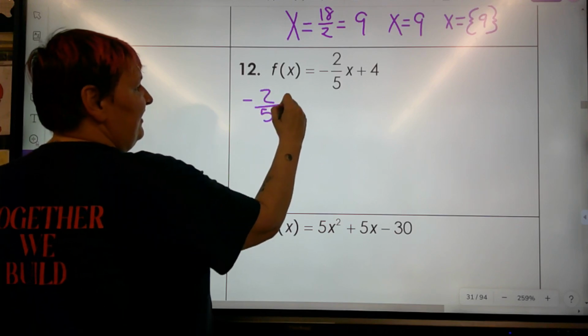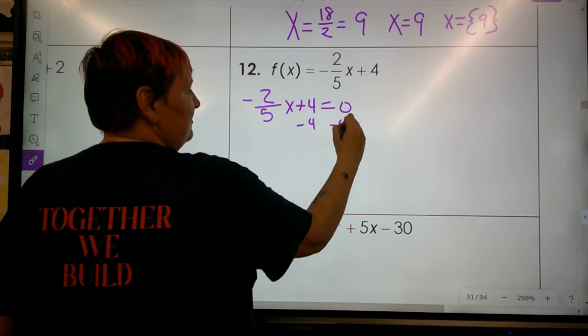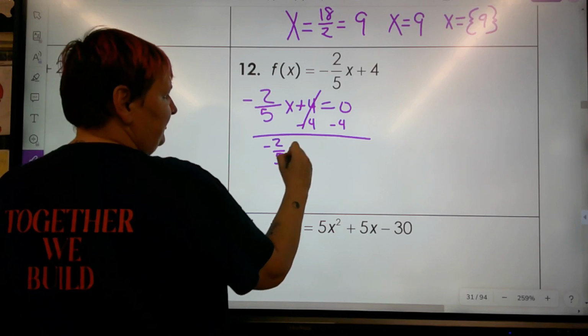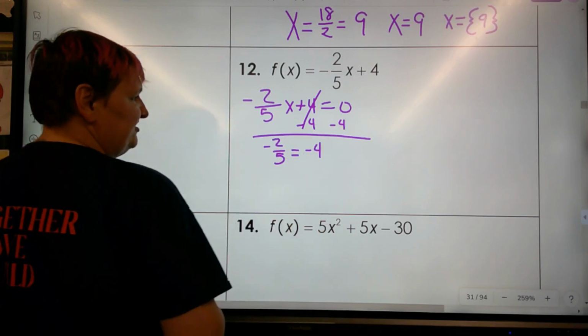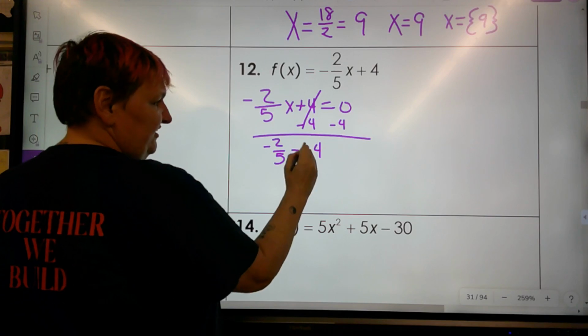Negative 2 over 5 x plus 4 equals 0. All the things you already know how to do are coming into play here. Don't lose your signs. If it's a negative 4 here, it's a negative 4 here, it's a negative 4 here.